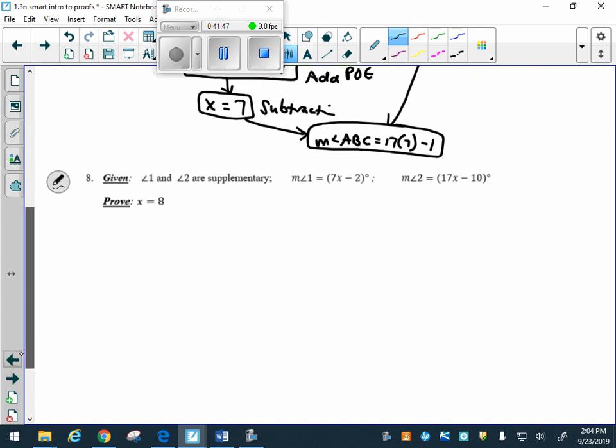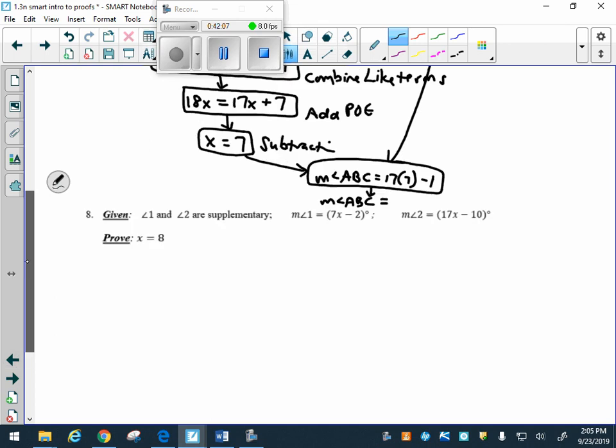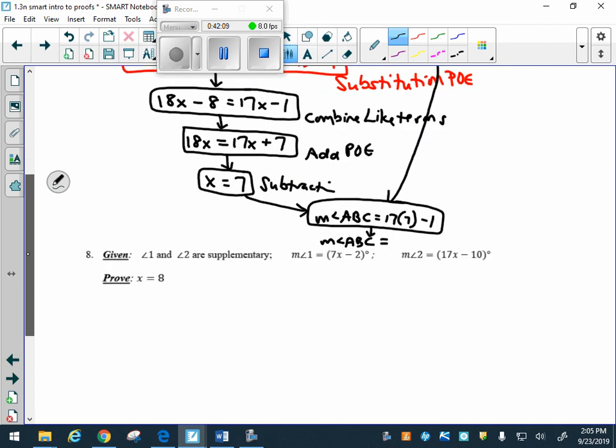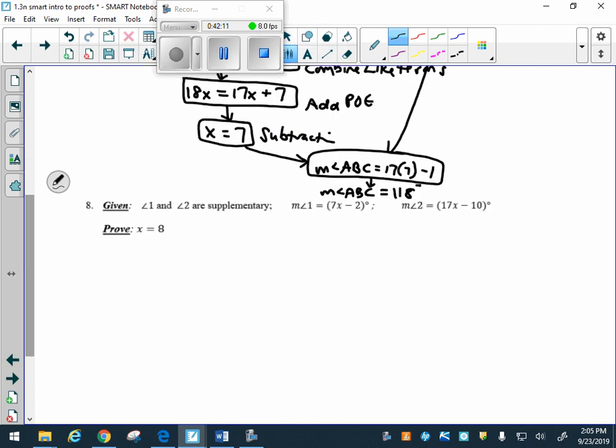You guys see okay? And now I do not want you to do this in more than one step. Even if it requires more than one algebraic step, at this point I do not want you to do anything but one arrow that says measure of angle ABC equals, what is it, 118. That's all I want you to do, and the reason I want you to give is just simplify.